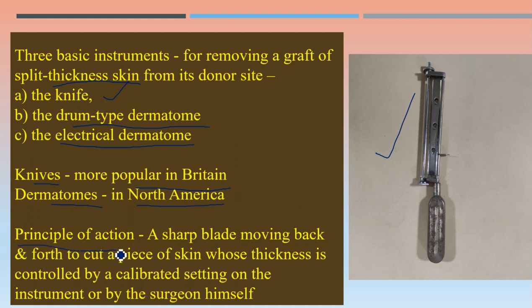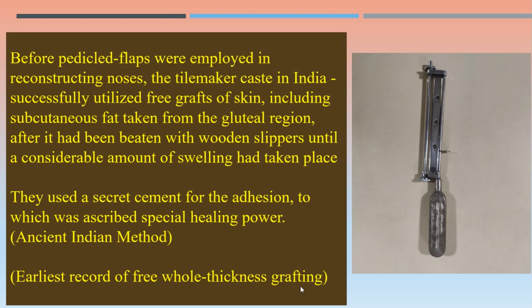What is the principle of action of these skin grafting knives? There is a sharp blade moving back and forth to cut a piece of skin, whose thickness is controlled by a calibrated setting on the instrument or by the surgeon. So we can take out skin grafts of various thicknesses by using various skin grafting knives.